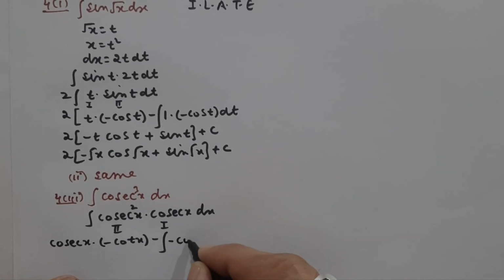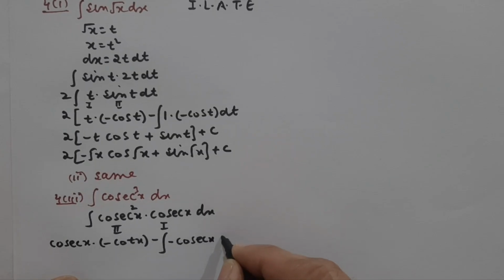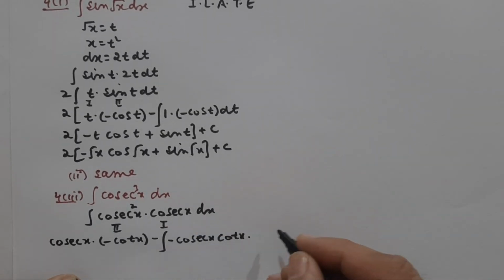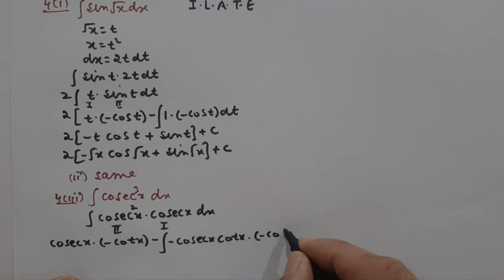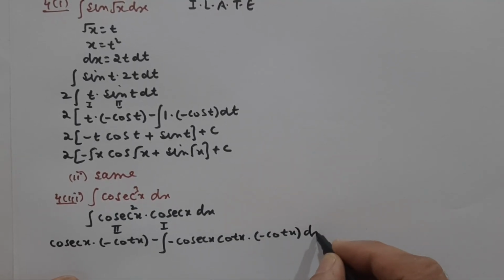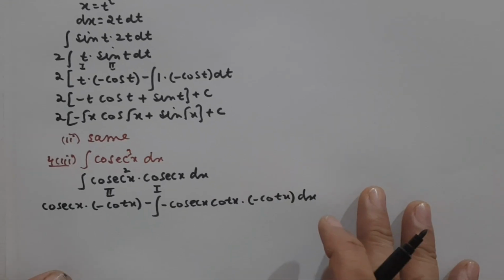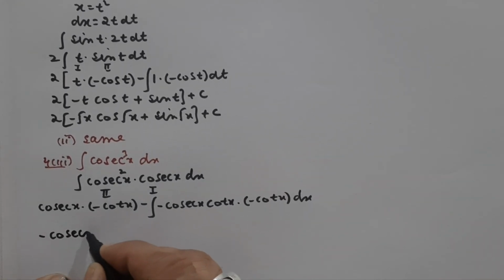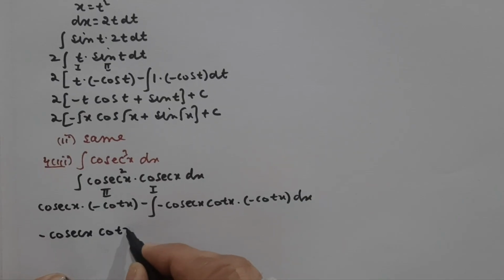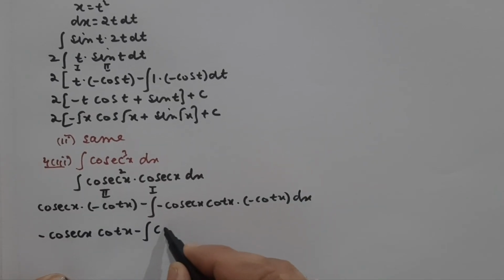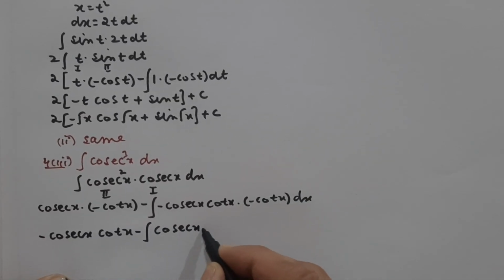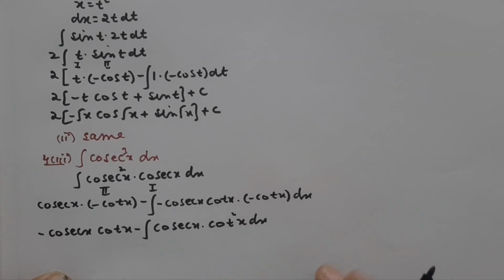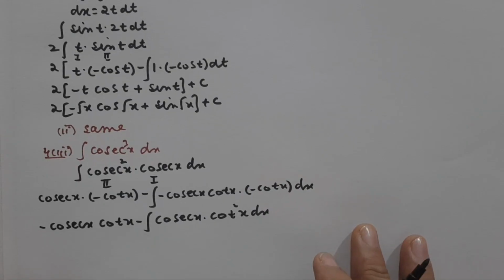So derivative of cosecant x is minus cosecant x cot x, into integral of cosecant square, this is minus cot x dx, like this. So what we get, minus of cosecant x cot x minus cosecant x into cot square x dx, like this.